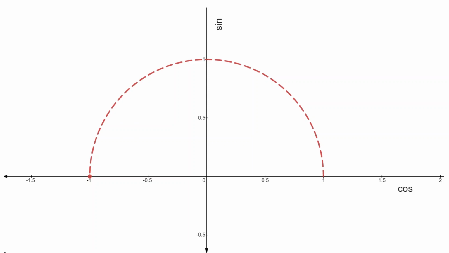Now, visually, it's clear. Every time that we apply one derivative, we end up rotating the red point by pi over 2, or 90 degrees. The derivative of cosine is sine, and the derivative of sine is negative cosine.